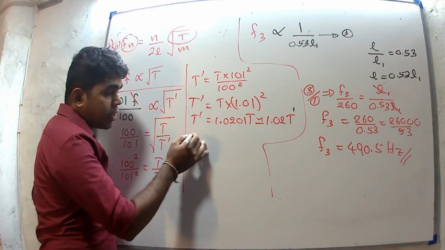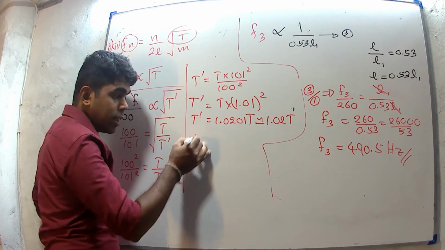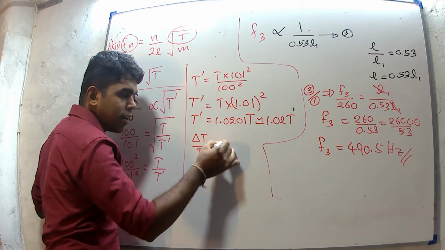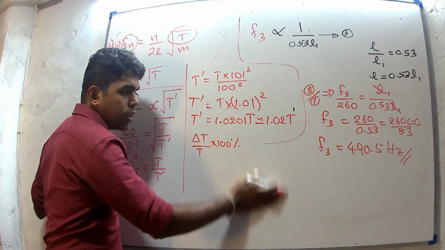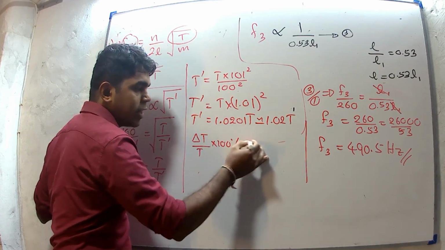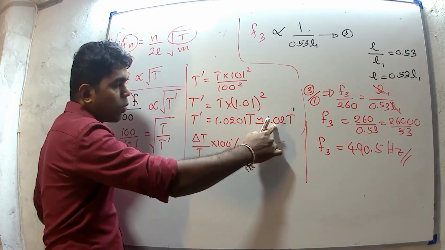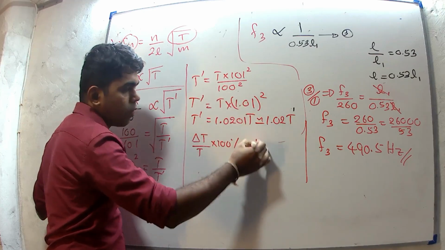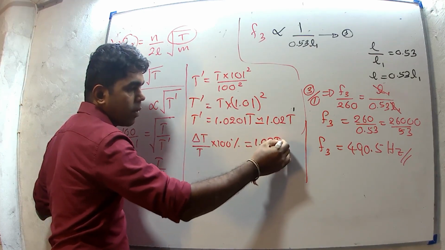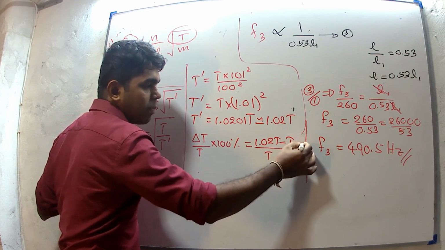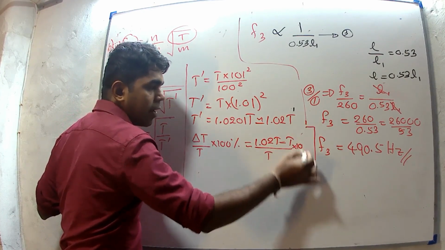Then the percentage change of tension means change of tension divided by initial tension times 100. Change of tension is, we can subtract 1.02 T and T. 1.02 T minus T divided by initial value T, we have to multiply by 100%.